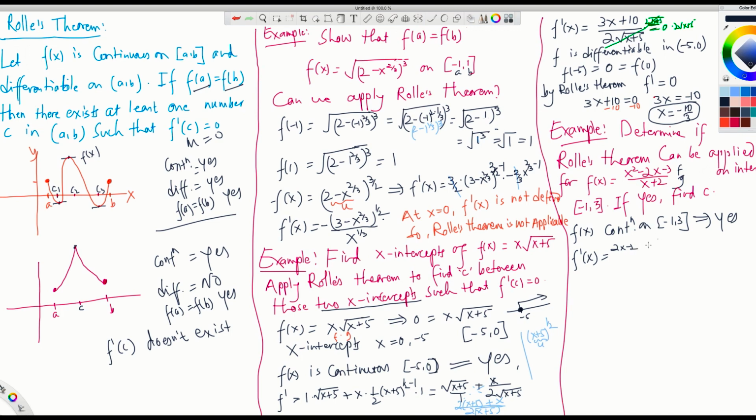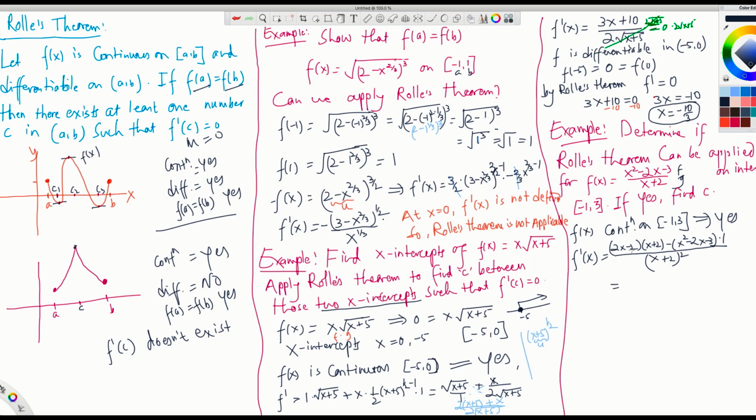The derivative of the top times g, which is x plus 2, minus f, which is x square minus 2x minus 3, divided by (x plus 2) square. Why did I miss g prime? Because g prime is 1, since the derivative of x plus 2 is 1, so I didn't write that one.